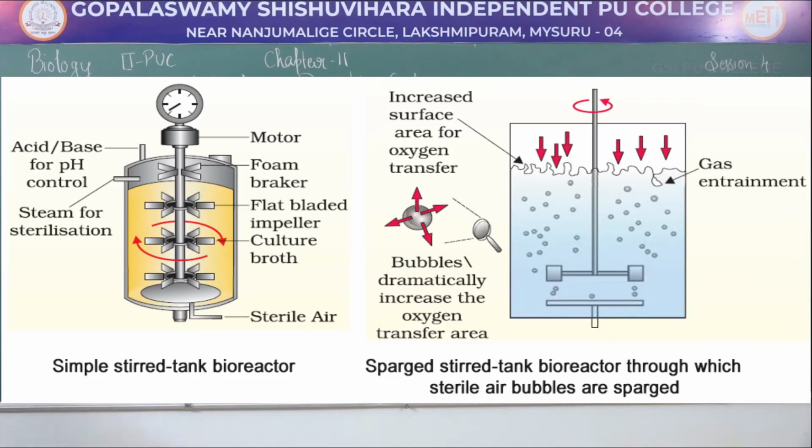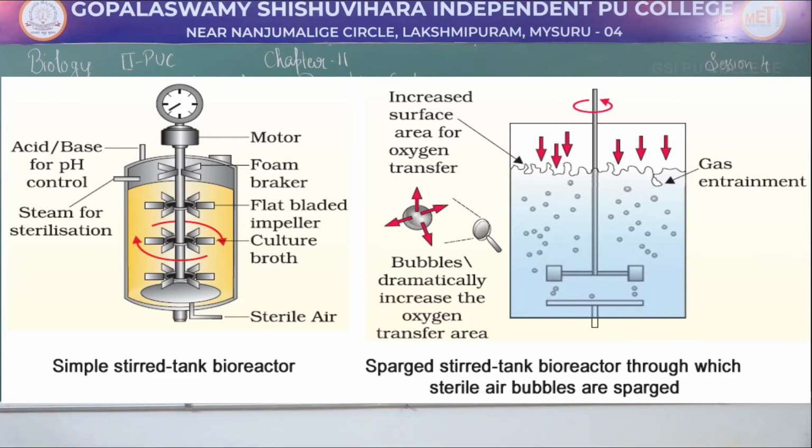The first one is the simple stirred tank. Another one will be the sparged stirred tank. So, these are the 2 different types of bioreactors, where the maintenance of optimal conditions, like temperature and pH, and the rest of the macromolecule components will be properly maintained.